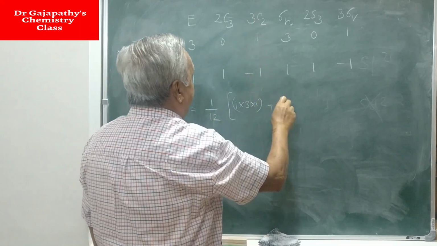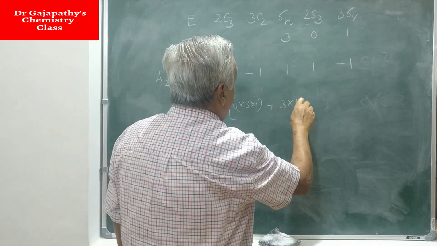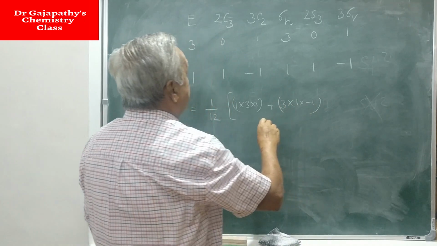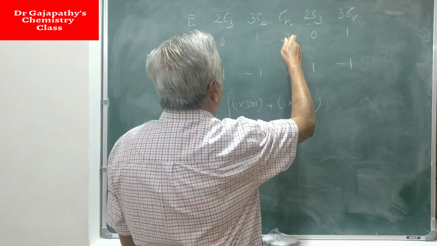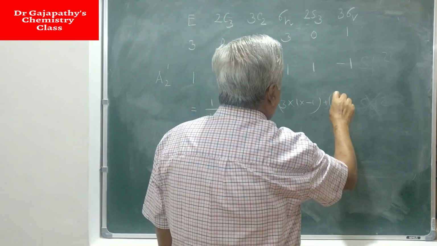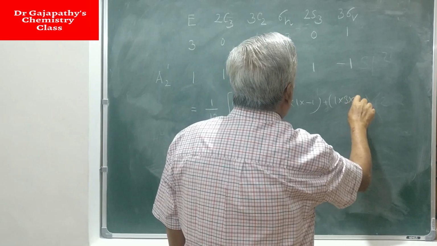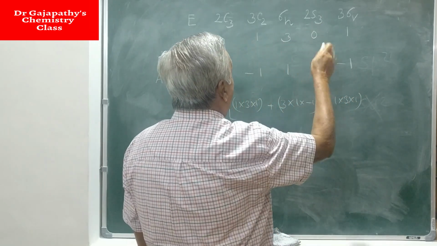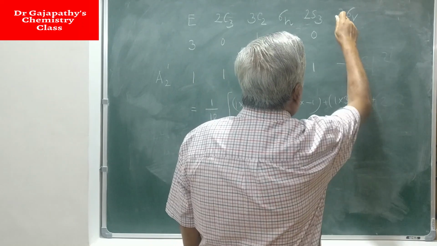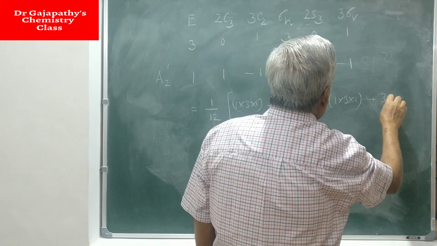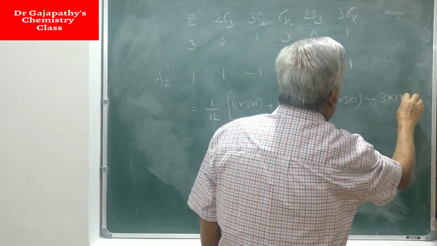3 into 1 into minus 1, 1 into 3 into 1. This is 0, I leave it. 3 into 1 into minus 1.